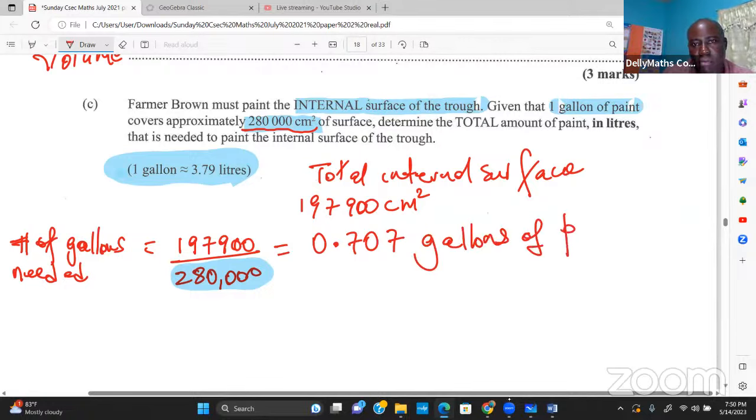of paint. But they want the answer in another unit. They don't want it in gallons. What did it say? In liters. But there's a conversion: for every 1 gallon, there is 3.79 liters. So now we're talking about the paint in liters.